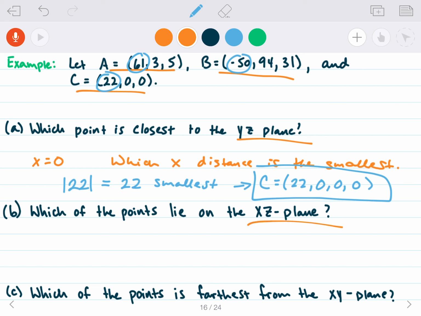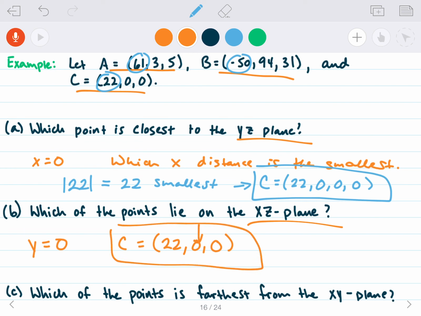So this is another phrase for y equals 0. So which of these points has 0 in the y coordinate? Well, the only one that has that is C, right? So our answer here is going to be C equals 22, 0, 0. So that is the only one that has a y coordinate of 0.